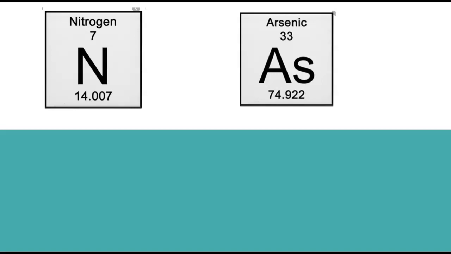Now, if we move down the periodic table, just in the same group 2 rows down, you're going to find arsenic. Arsenic has 33 protons, but you notice it does not have 33 neutrons, because if it were to have 33 neutrons, the atomic mass would not be 74, but would be 66. Instead, we have far more neutrons than we have protons.